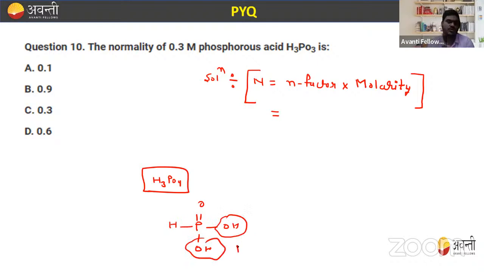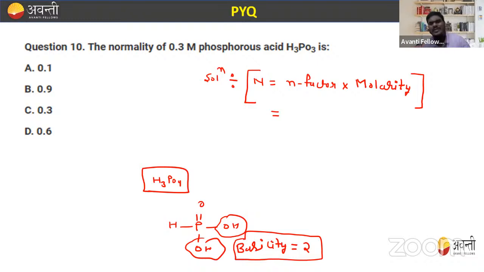That is 2. So basicity is equal to 2, or we say there are 2 replaceable hydrogens present here. So basicity is 2, it means the n factor is 2. So it is equal to 2 into molarity, which is already given, 0.3. This comes out to be 0.6.